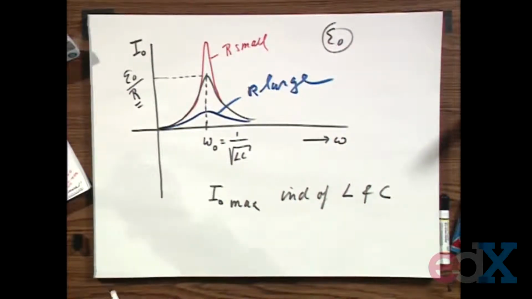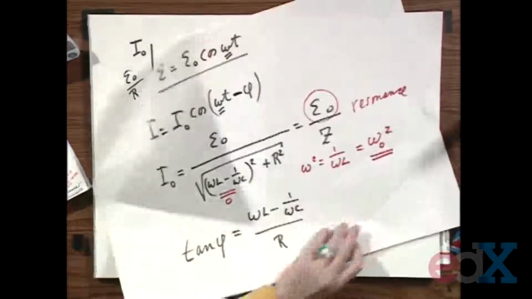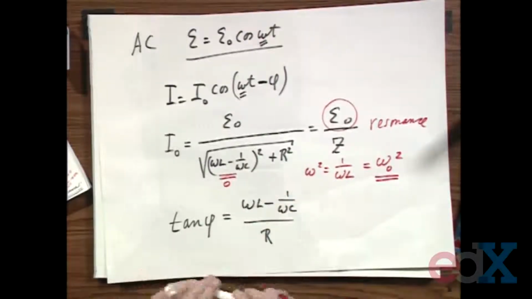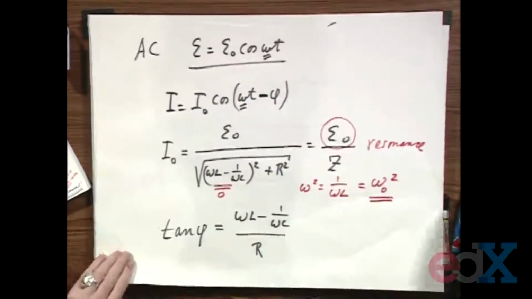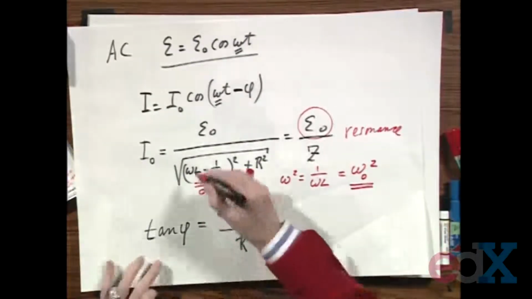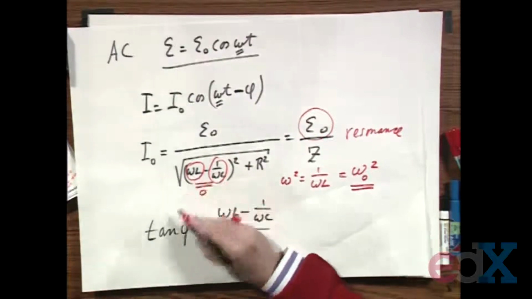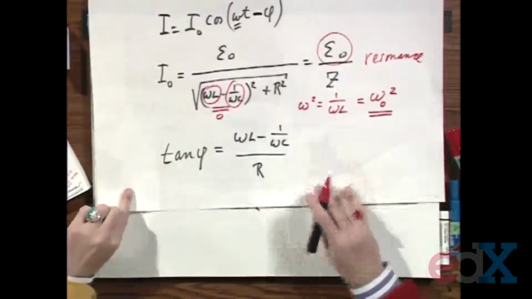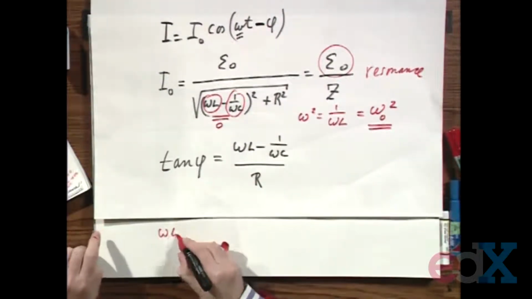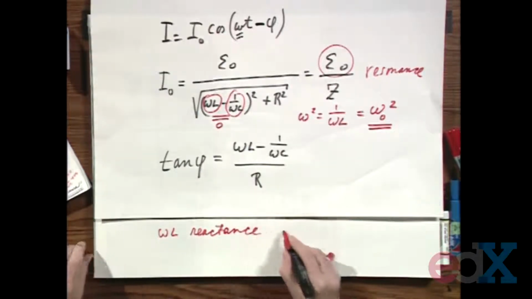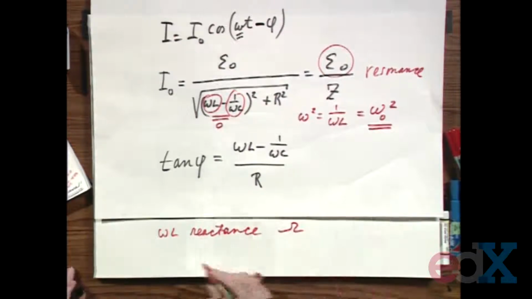If we look at this solution, we give names to these quantities, omega L and 1 over omega C. We call omega L the reactance of the self-inductor. It has dimensions ohm.